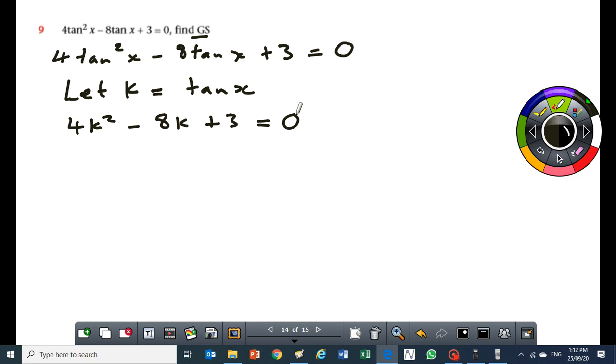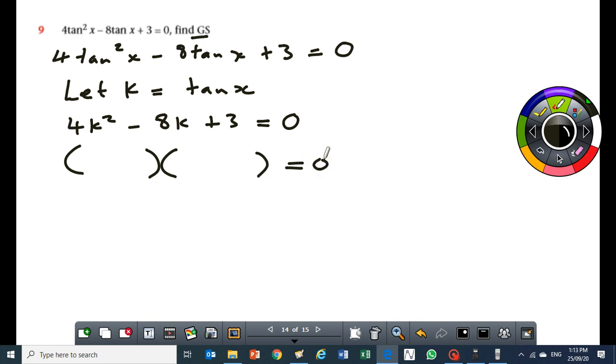Then you can use your calculator to factorize it, or you can just use the quadratic formula, any of the methods you were taught this year to solve a quadratic equation. So, to carry on here, you have to factorize.